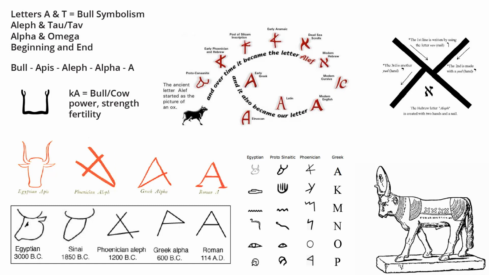The sun, the cross, the bull, Aleph, Alpha, A, K, D, T, consciousness, it's all related. It's all trying to explain aspects of reality and our consciousness, and we derive symbols for that, and then eventually they become more abstract letter representations.